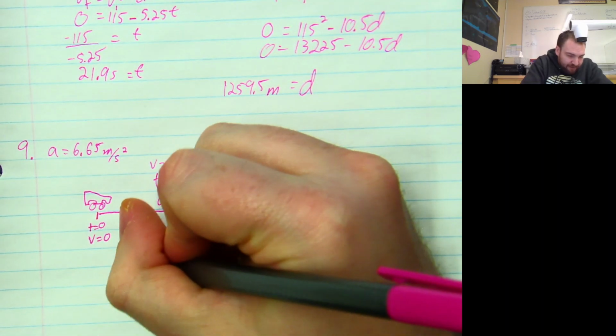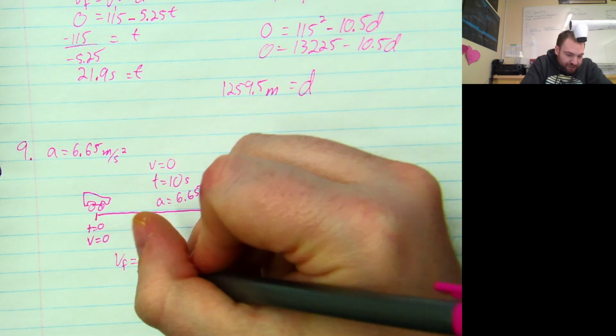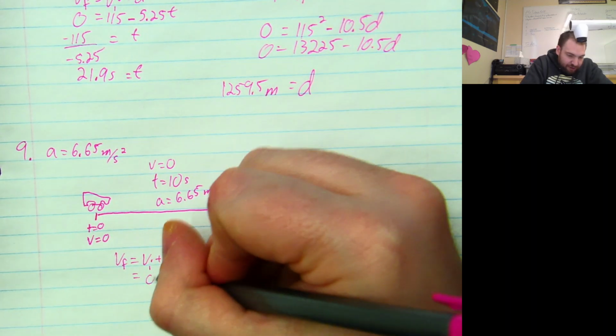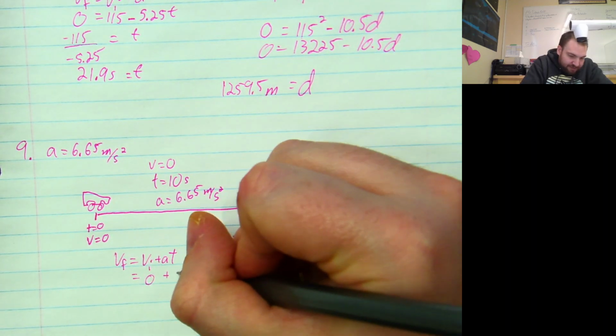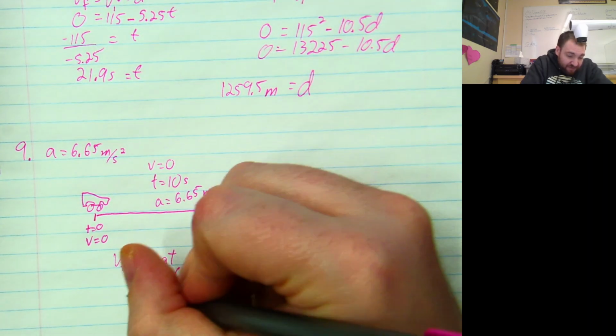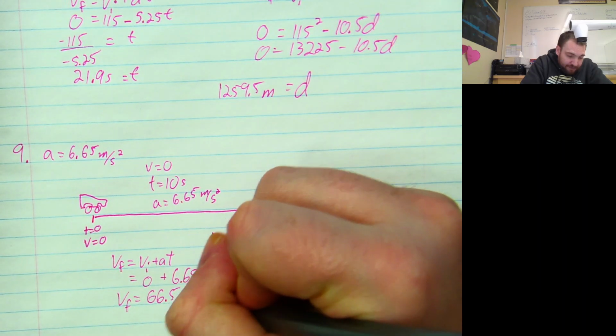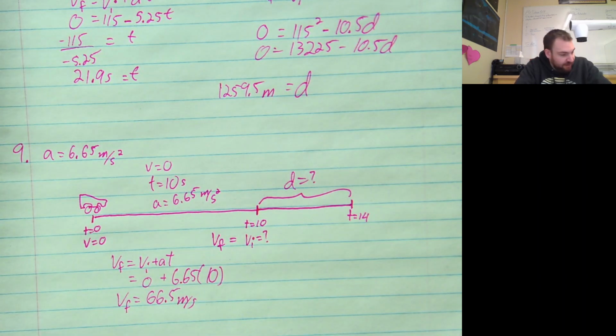So VF is going to equal VI plus AT, which is just 0 plus 6.65 times 10, which is very nicely just 66.5 meters per second. Now that thing is hoofing it. Multiply by 3.6.